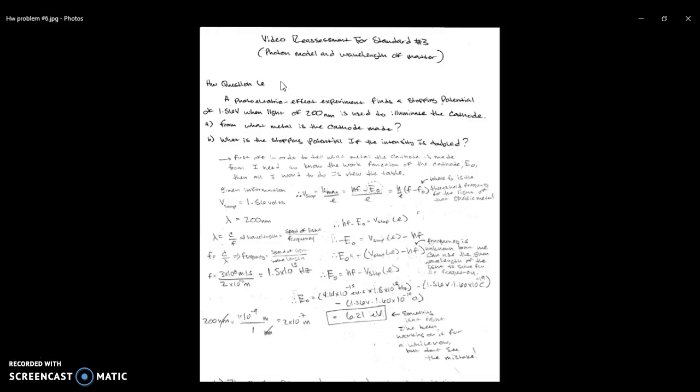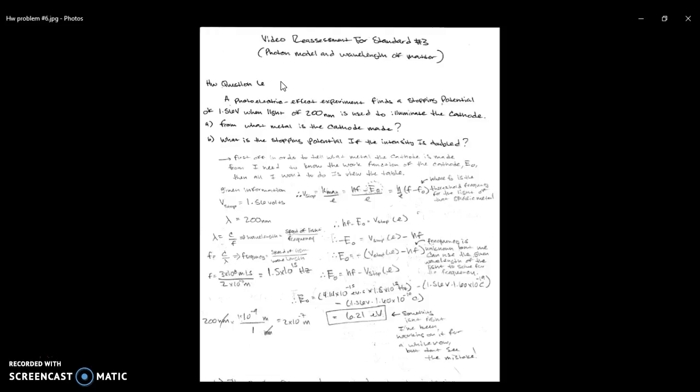In order to find the work function, I thought of equations I know that relate to it, and one is the equation for the stopping potential.